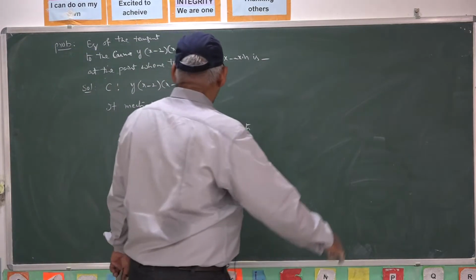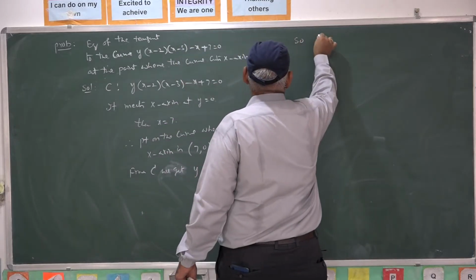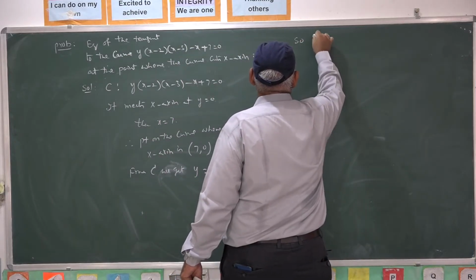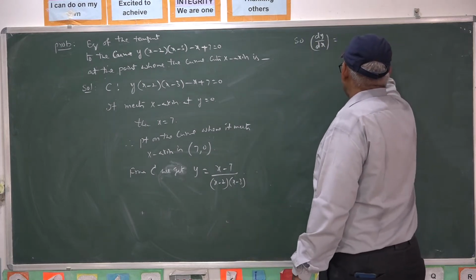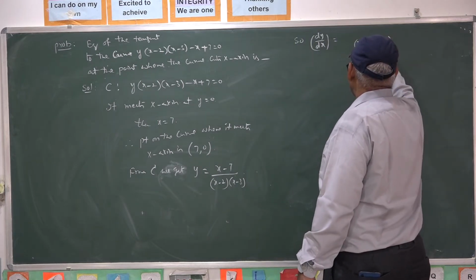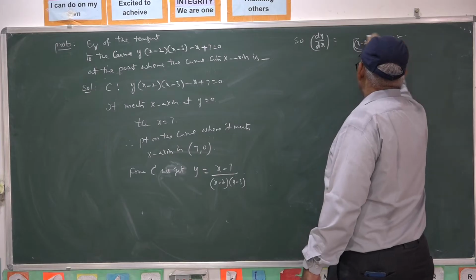Now find dy by dx. So dy by dx is the denominator (x minus 2)(x minus 3) into the derivative of x minus 7, which is 1, minus the numerator into the derivative of (x minus 2)(x minus 3), divided by ((x minus 2)(x minus 3)) whole square.